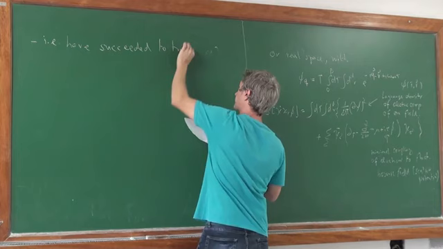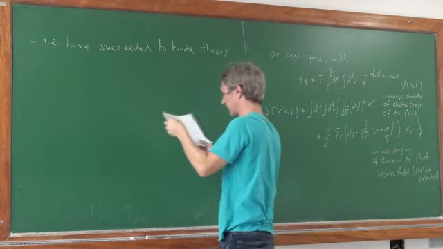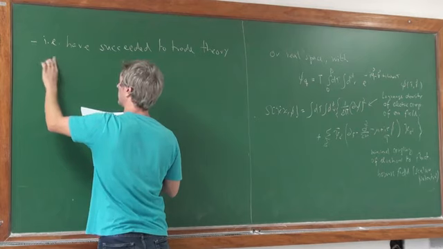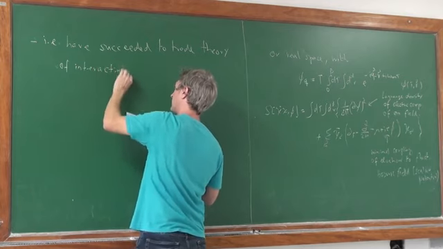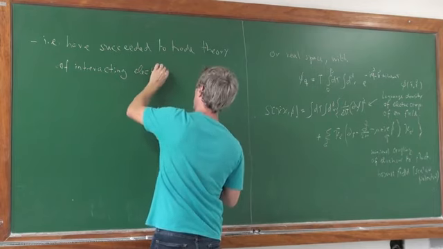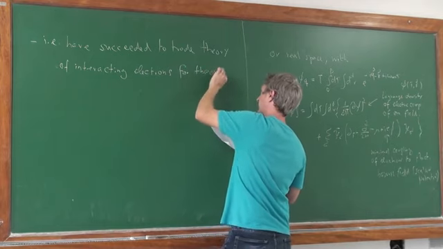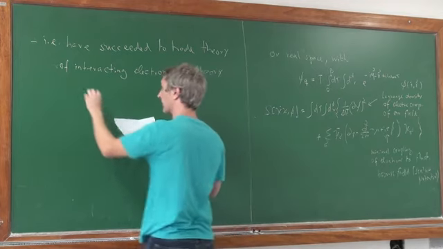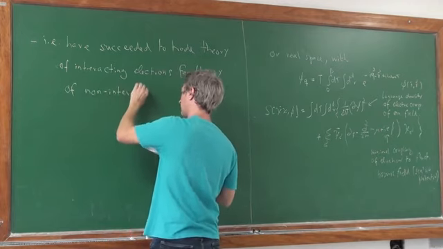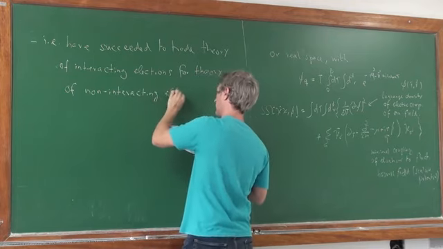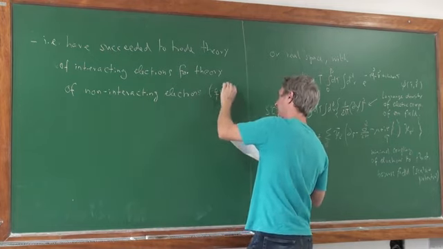To trade a theory of interacting electrons for a theory of non-interacting electrons. Non-interacting means just a quadratic theory in the Grassmann field.